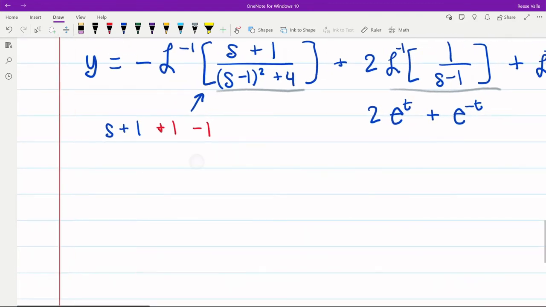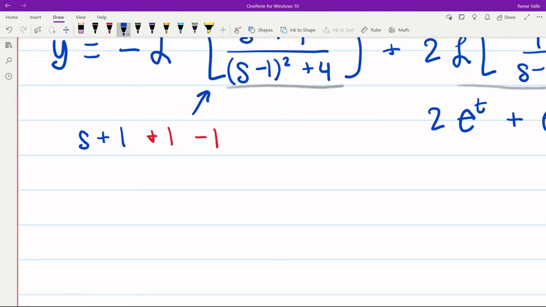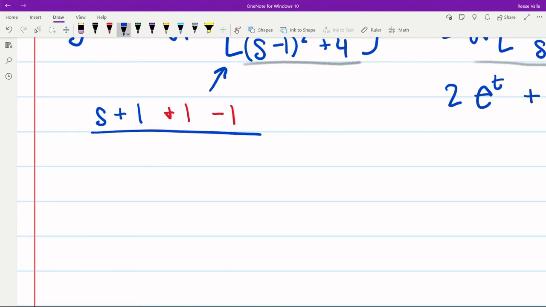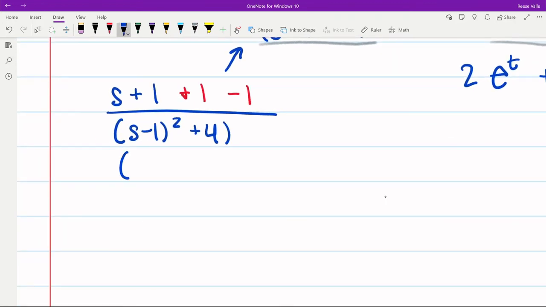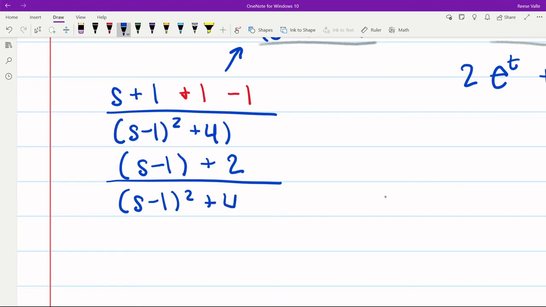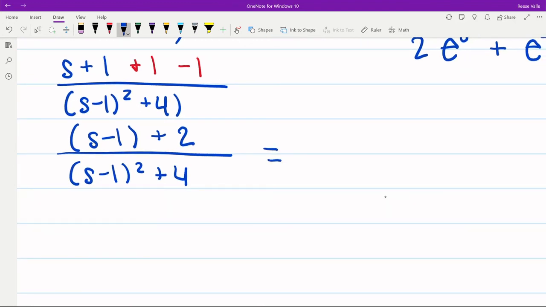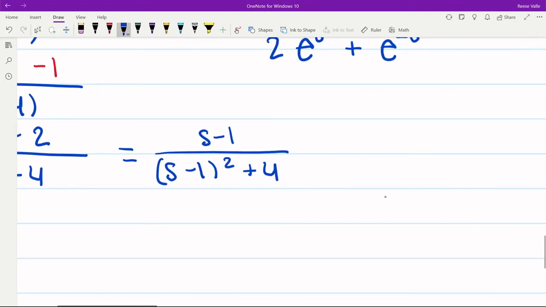The only thing that's missing is s minus 1, so we're going to do that, all over s minus 1 squared plus 4. And then this is just going to be s minus 1 plus 2, all over s minus 1 squared plus 4. And you could just rewrite that as s minus 1 over s minus 1 squared plus 4, plus 2 over s minus 1 squared plus 4.